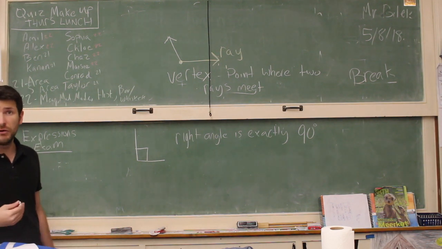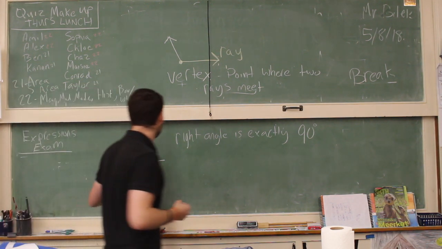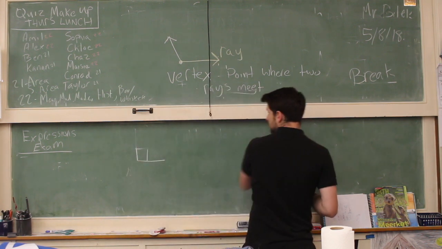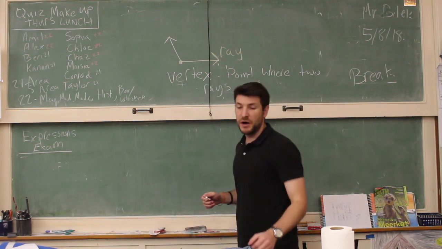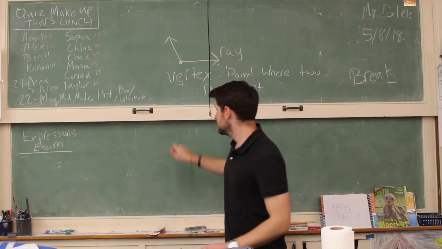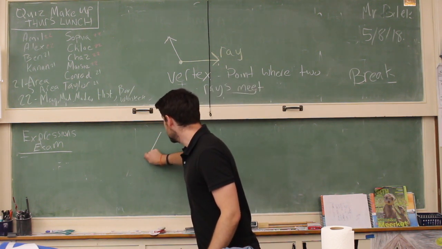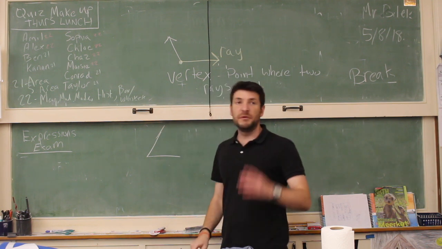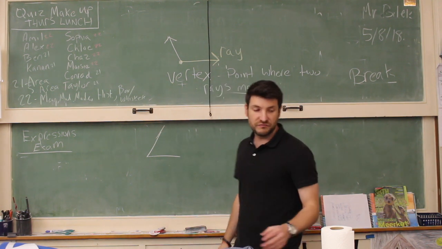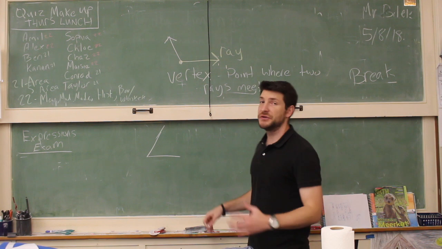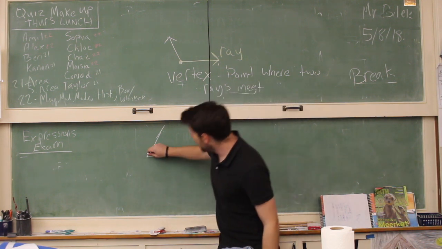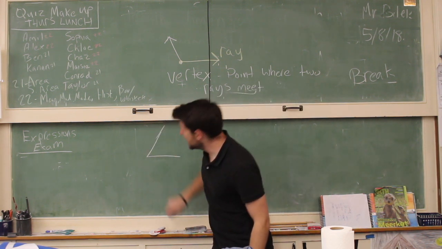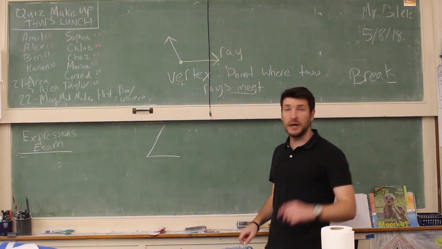The second angle that I want to cover is one that is less than 90 degrees. Anything that falls before our rays meet on a perpendicular plane, anything that falls before this 90-degree line is an acute angle.